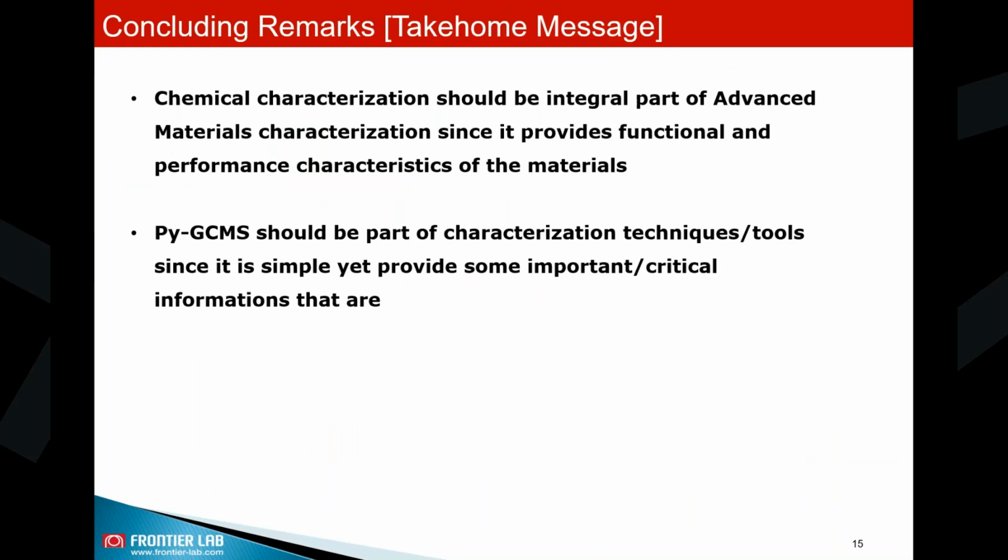So basically the Py-GCMS can be operated in different modes like evolved gas analysis, thermal desorption, flash evaporation, or pyrolysis. By combining these different techniques, we can extract as much chemical information as possible about the material, which will allow us to understand the characteristics of the material and decide its suitability for different applications.